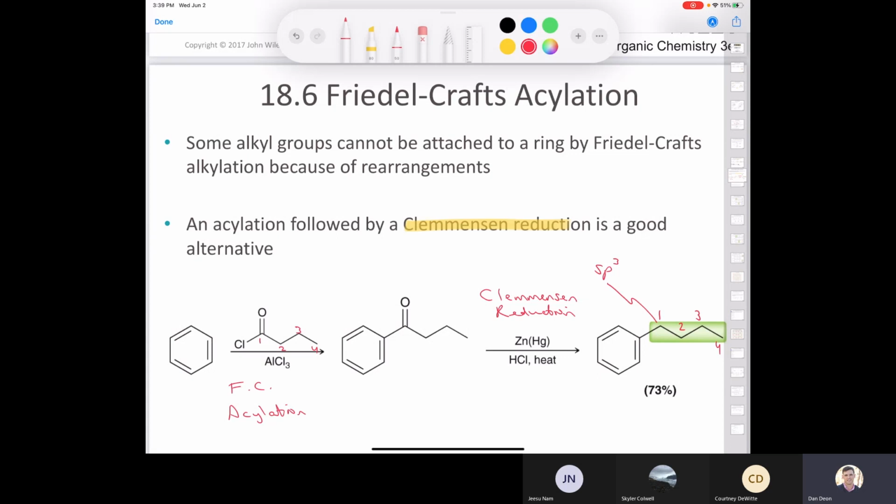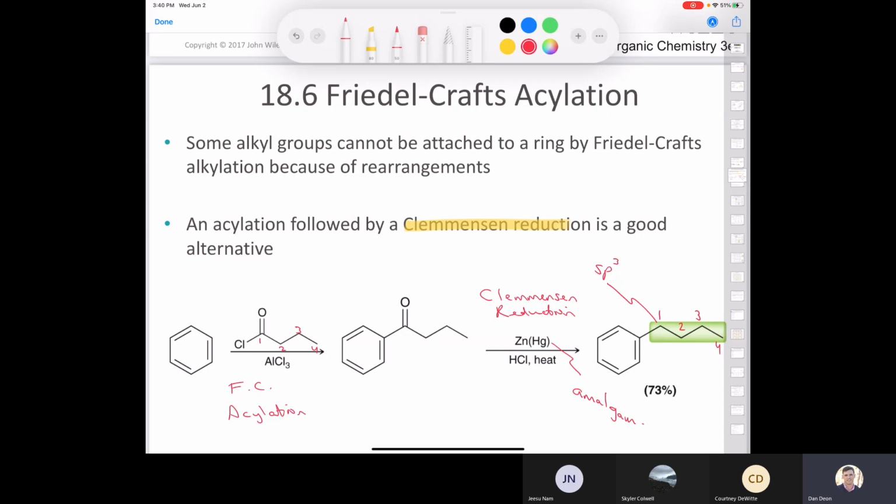All right. And so the way that you do that is you treat it with zinc and mercury. And you notice that the mercury is in these brackets here. That means that it's what's called an amalgam, which means that the surface of the zinc is coated in mercury. And then you treat that with hydrochloric acid and heat.